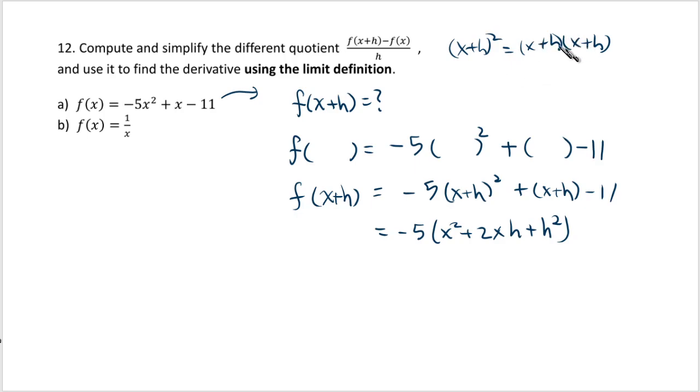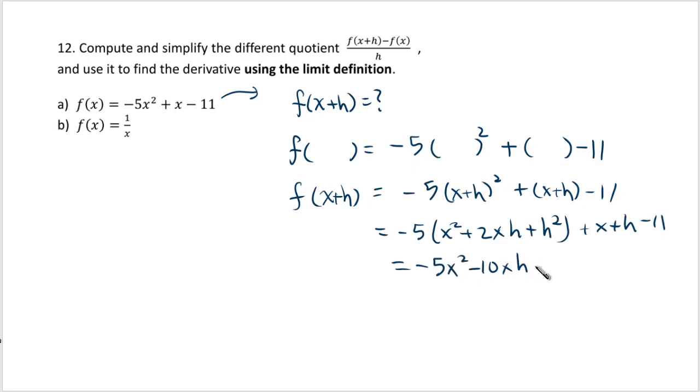So you have to do the FOIL. If you FOIL this, you get exactly this, right? Okay, so now you have negative 5x squared minus 10xh minus 5h squared plus x plus h minus 11.